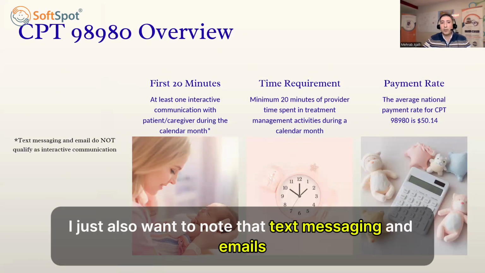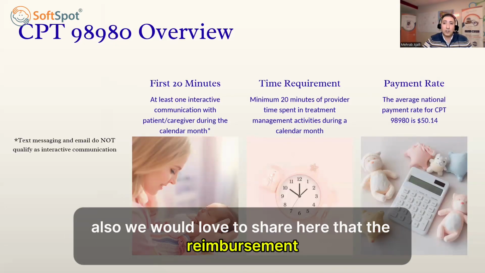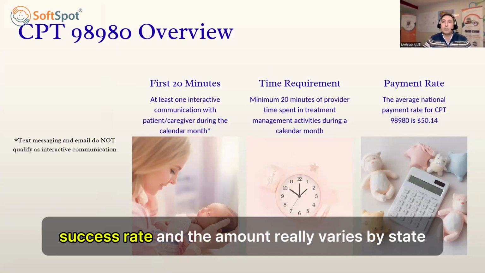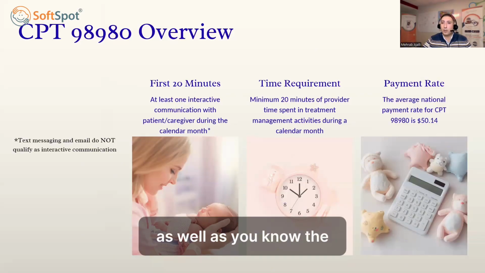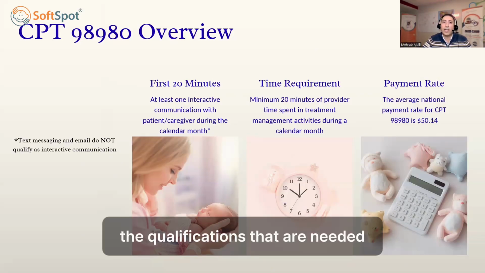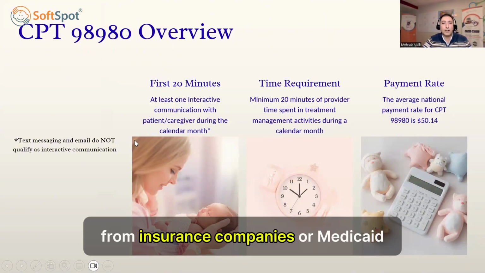I just also want to note that text messaging and emails do not qualify as interactive communication. Also, we would love to share here that the reimbursement success rate and the amount really varies by state and depends on your provider, as well as the qualifications that are needed from insurance companies or Medicaid.